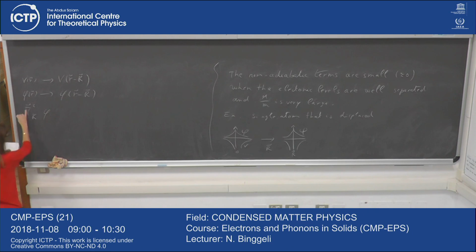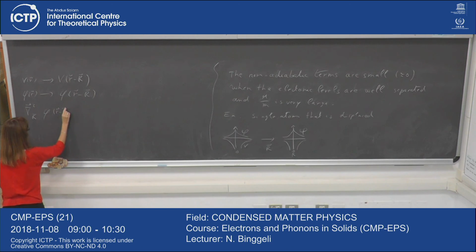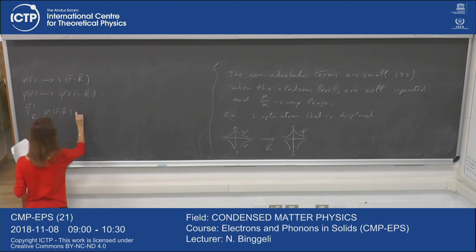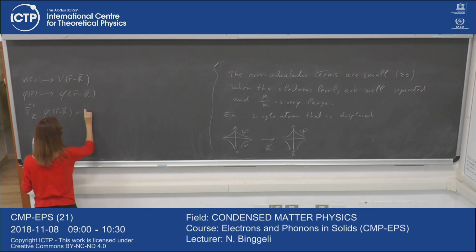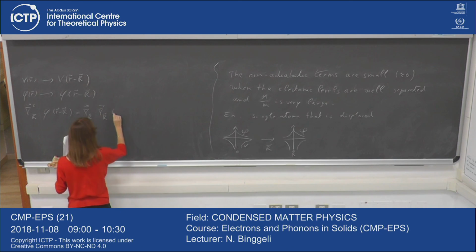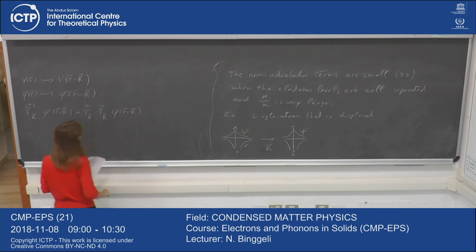So I have to apply the second derivative with respect to the nucleus position on the wave function C of r minus capital R. I have to derive twice with respect to capital R this C of r minus capital R.